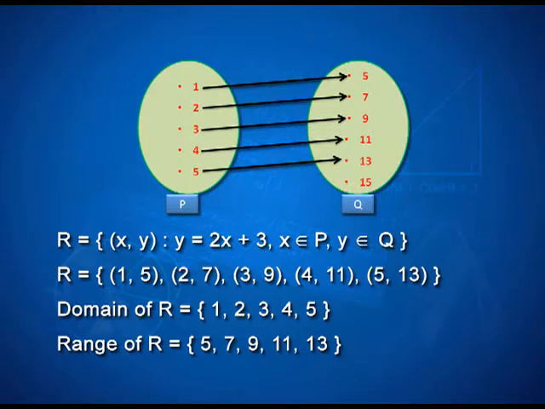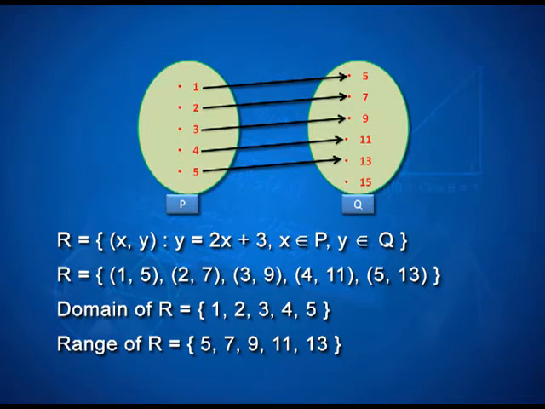Now, when you are asked to convert this to the set builder form, what you have to do is express this relationship in words. How is the second element in each of these ordered pairs related to the first element? If you try to see what I should do to 2 to get 5, and the same trick to 3 to get 9, and the same to 4 to get 11, and so on, it is nothing but multiply the first element by 2 and add 3.